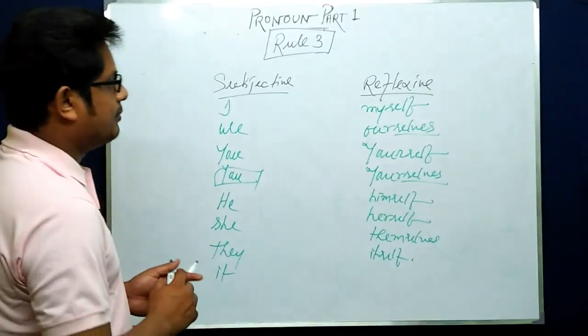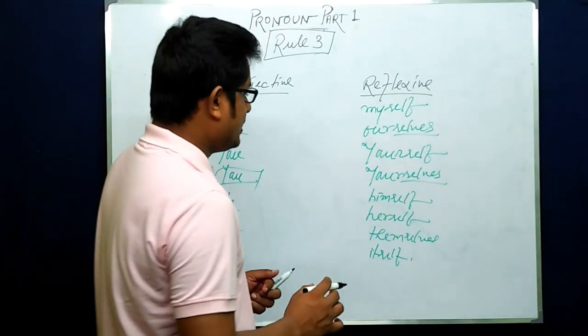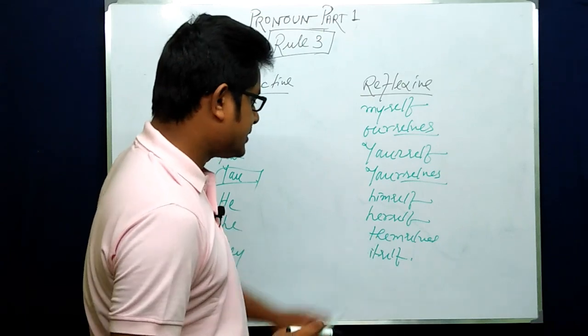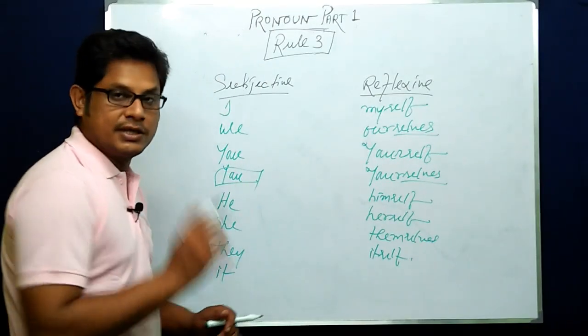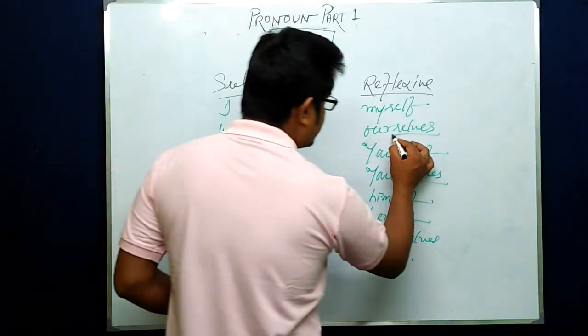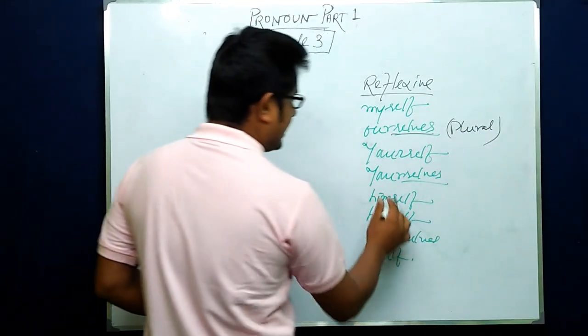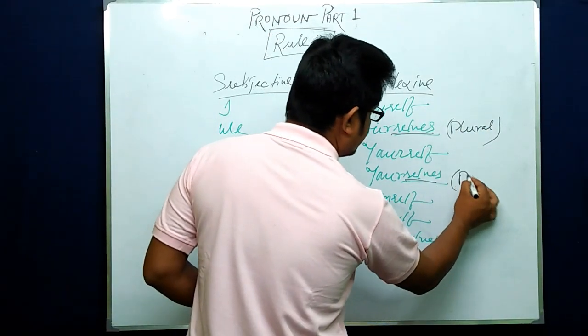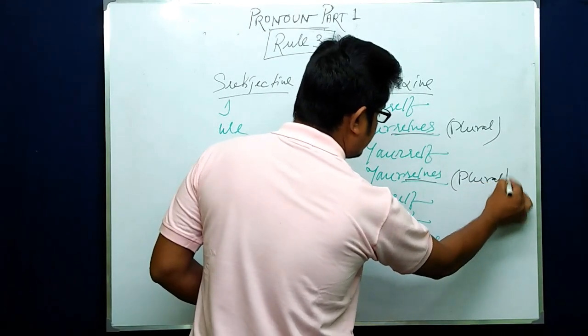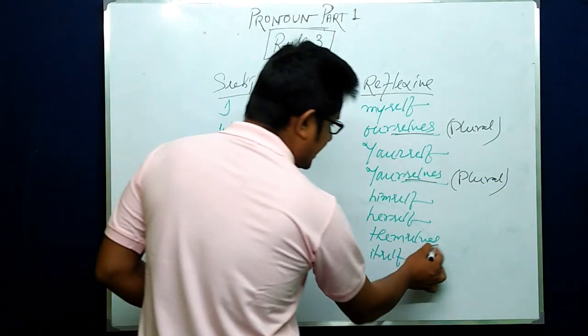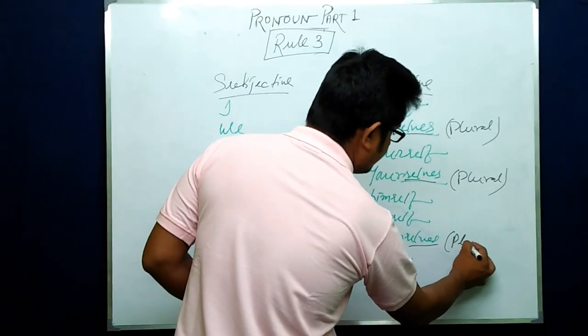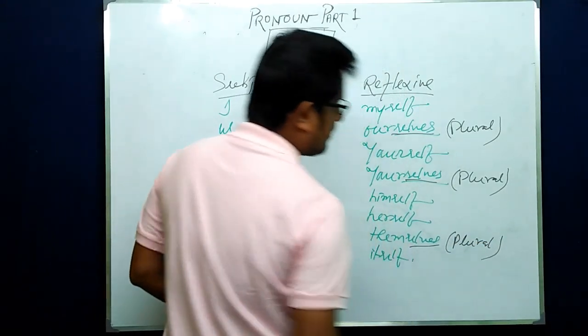Okay, myself, himself, herself, itself, these are all singular forms. Only ourselves, this is plural. Again, yourselves, this is plural. And again, themselves, it is again plural. Right?